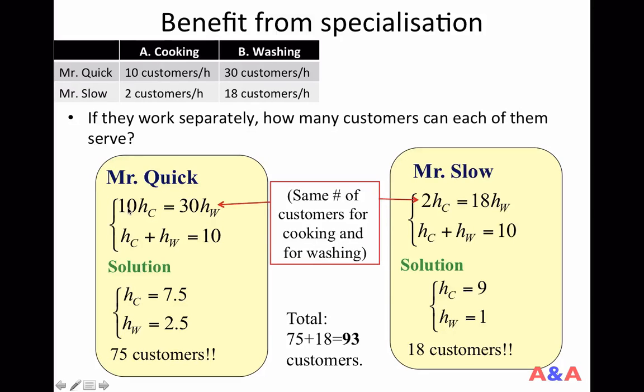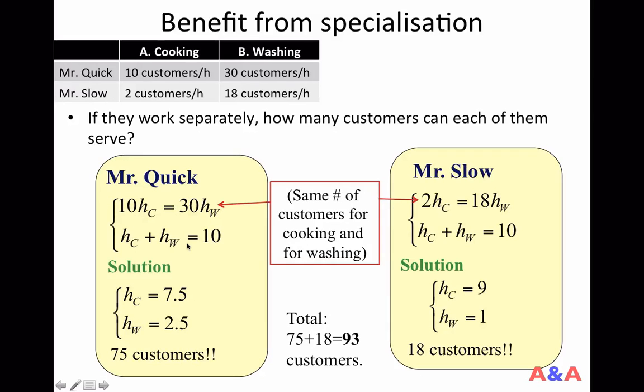He can cook 10 dishes per hour, so if he spends HC hours on cooking, the total number of dishes he cooks is 10 times HC. He can wash 30 dishes per hour, so if he spends HW hours on washing, 30 times HW is the total number of dishes he washes, and they should be equal.